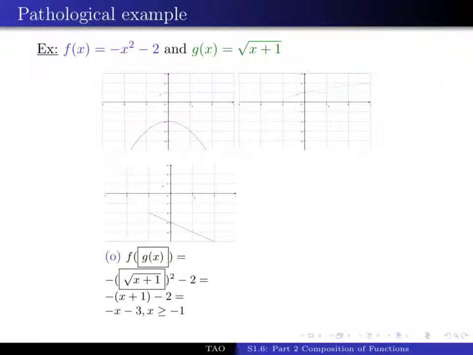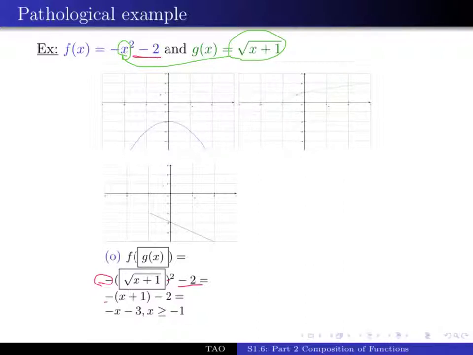When we stick g into f, we're going to stick our entire g in for our x. The negative stays out front. We're going to square our square root, so that's going to undo each other. And then we're still going to have our -2 at the end. The square and the square root cancel each other out. So we're going to get a minus x plus 1.